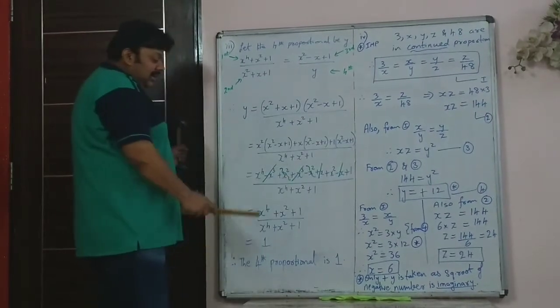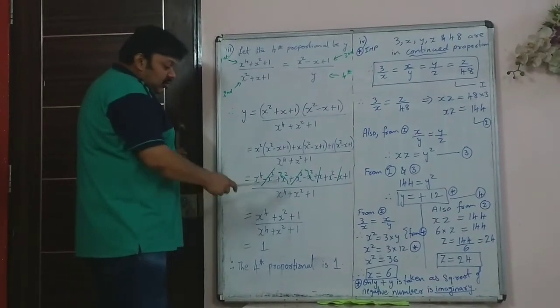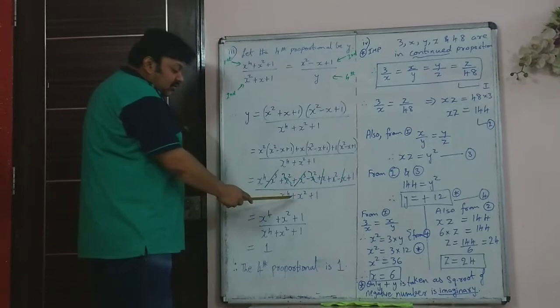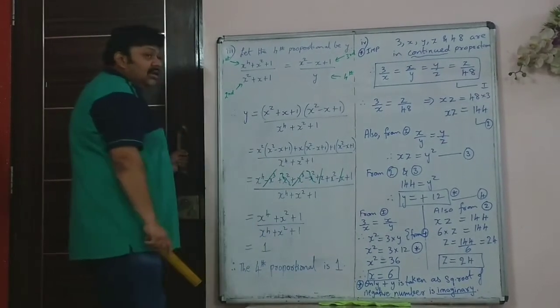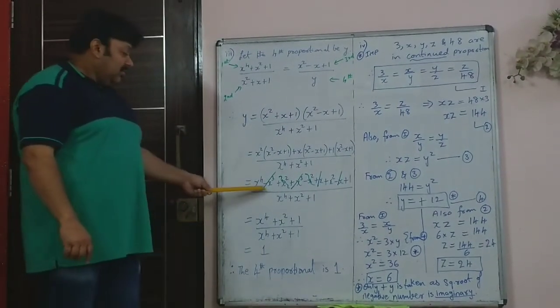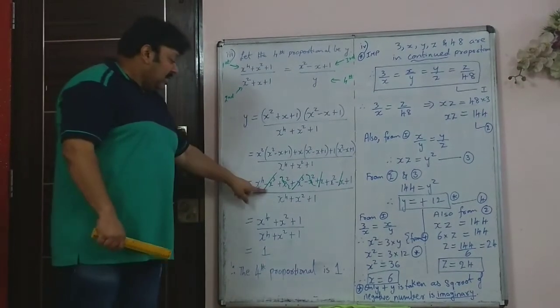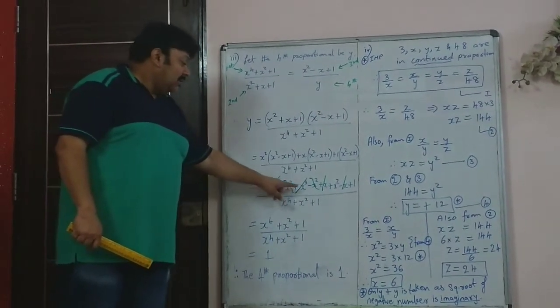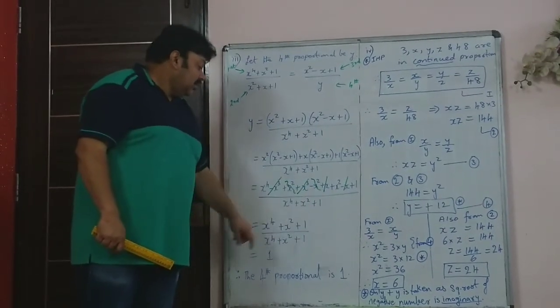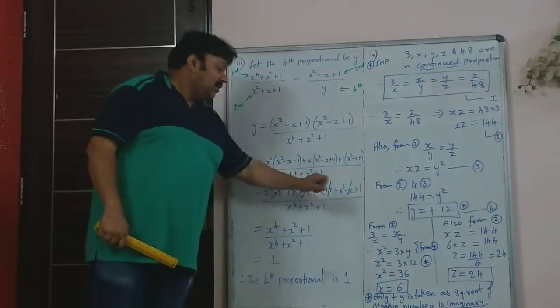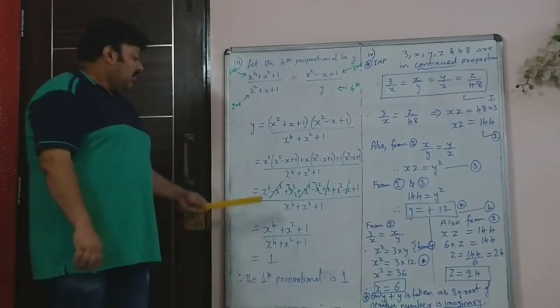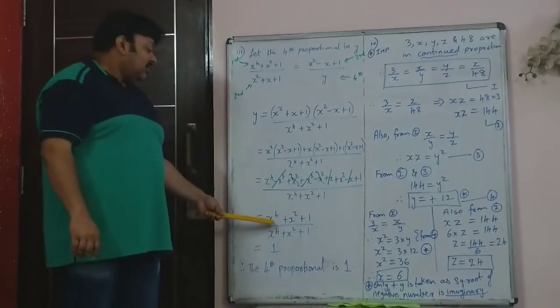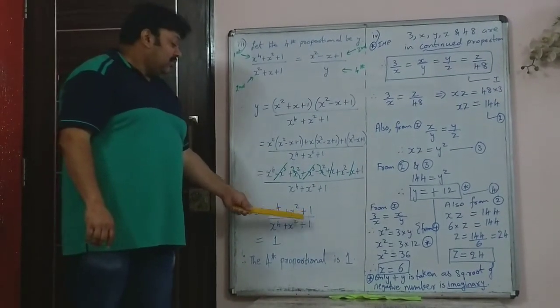When you open the bracket and simplify, you will get only x raised to 4 plus x squared plus 1 in the numerator also, because many of the terms like x minus x cube plus x cube get cancelled. Then x squared and minus x squared get cancelled. Then you have plus x and minus x which get cancelled. So you are left in the numerator with x raised to 4 plus x squared plus 1.